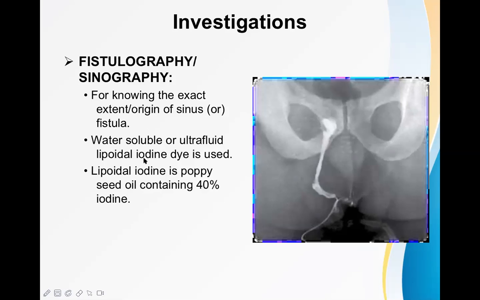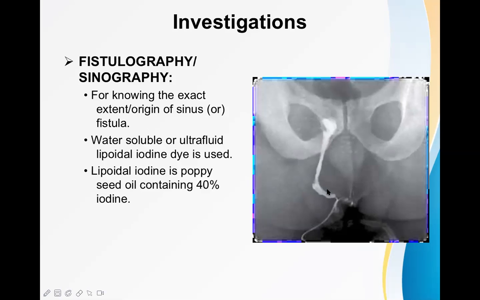In this investigation, water soluble or ultra fluid lipoidal iodine dye is used. You can simply remember it as iodine dye, consisting of around 40% iodine. Simply, iodine dye can be injected and the X-ray taken.